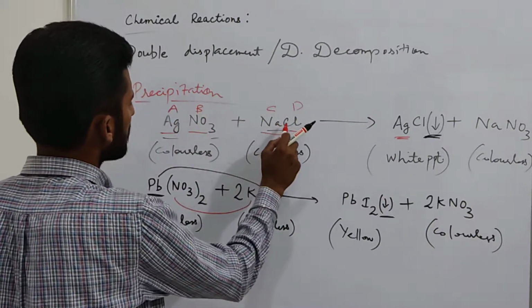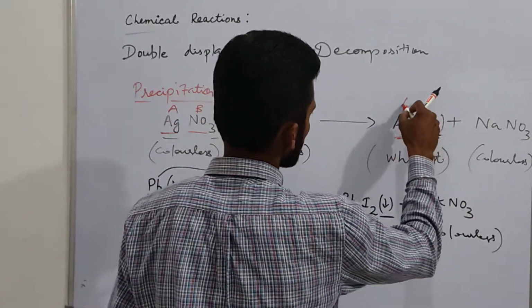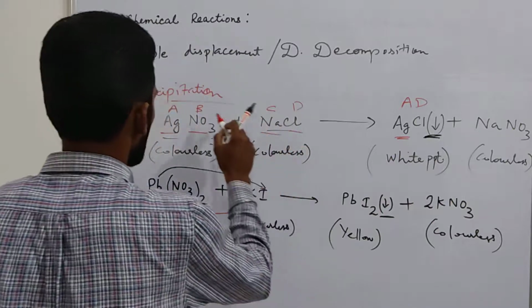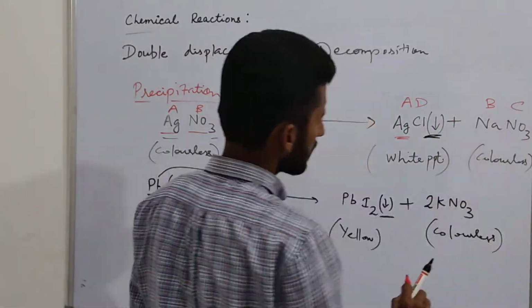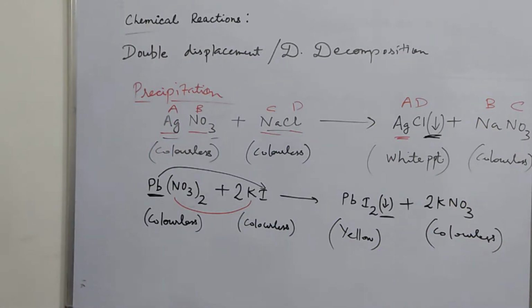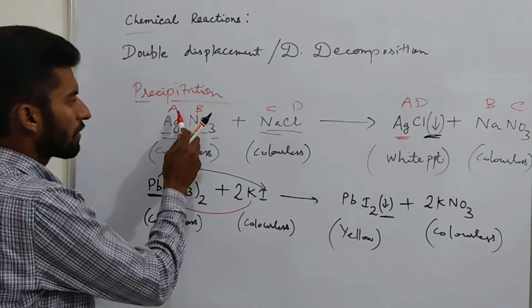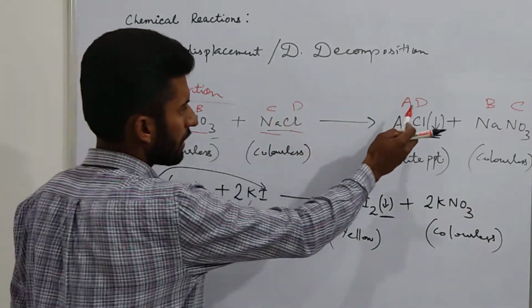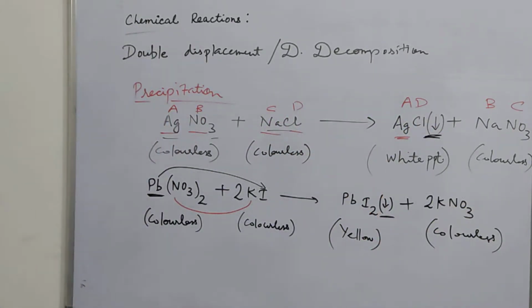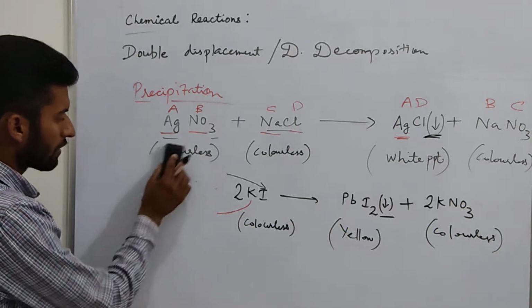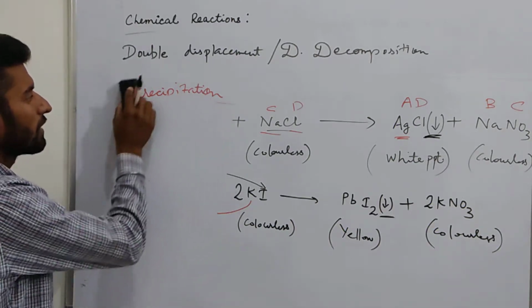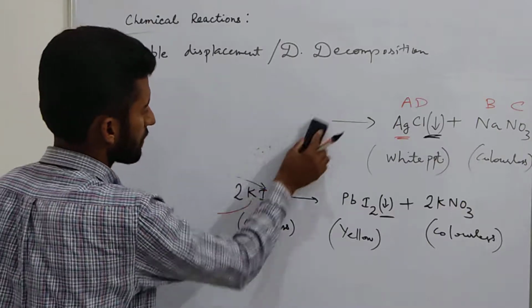A combines with D and B combines with C. Clear? AB and CD become AD plus BC, meaning an interchange of the radicals takes place. Nothing different, only a simple exchange of radicals. Clear?